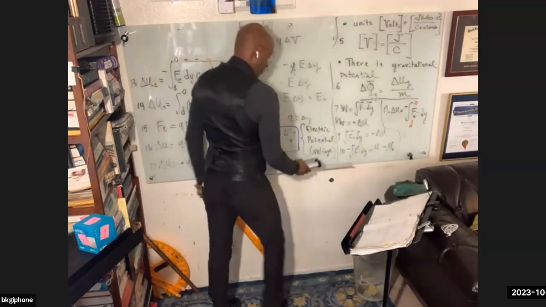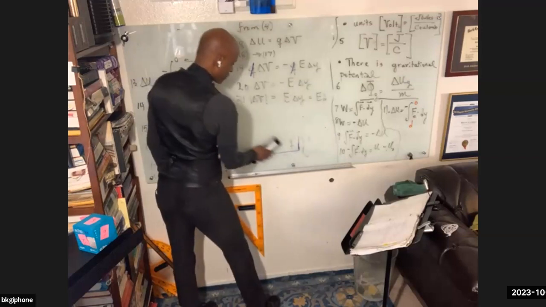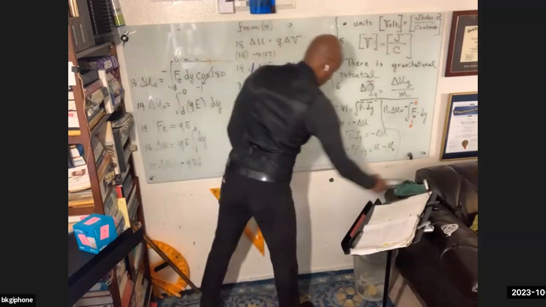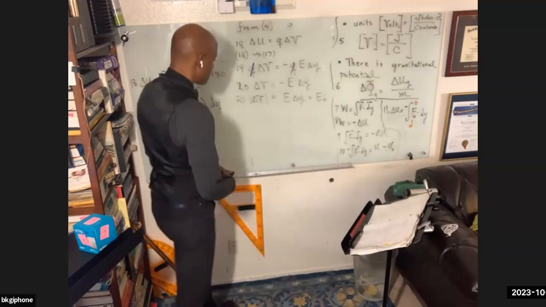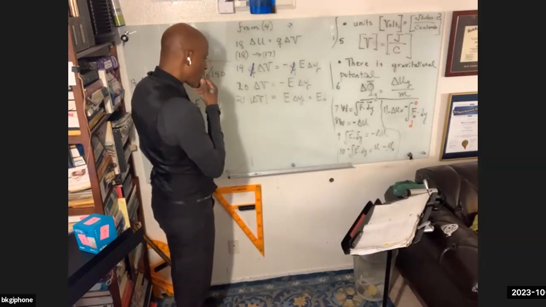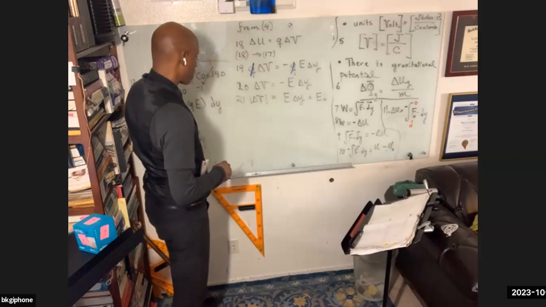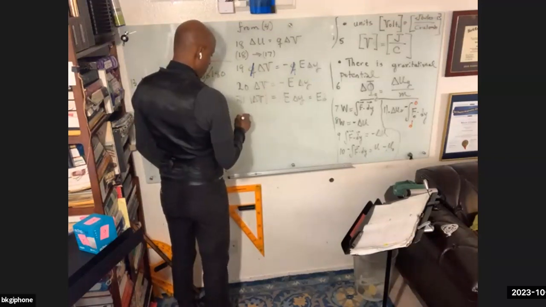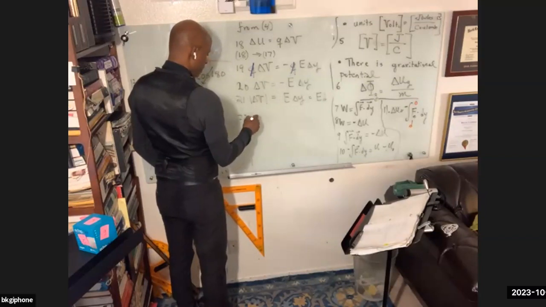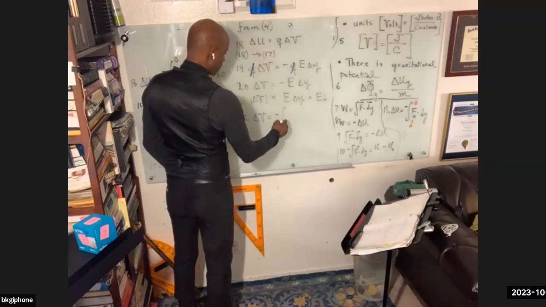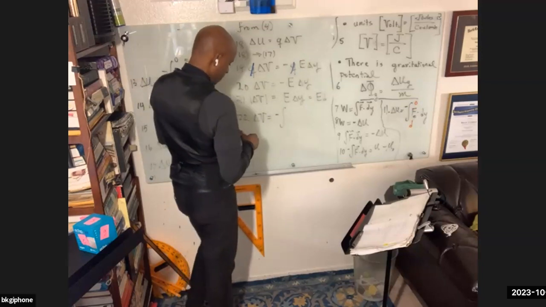Now it does have an integral form and a differential form, which is nice to know. The integral form of this situation is that, going back to equation 20, delta V is equal to the integral of E dot dy.